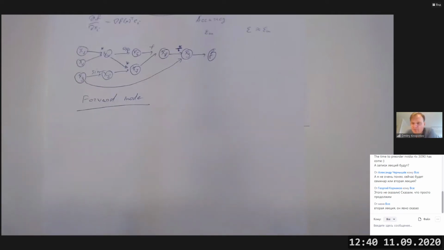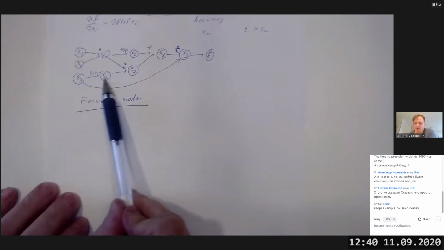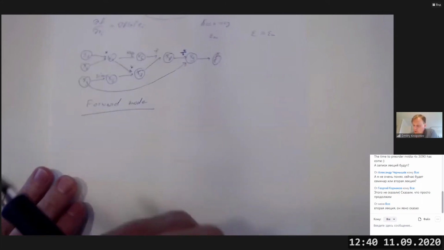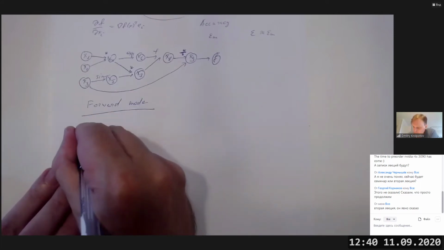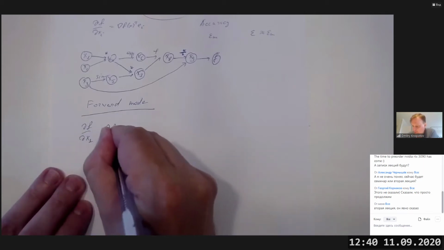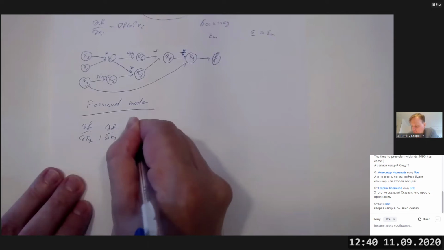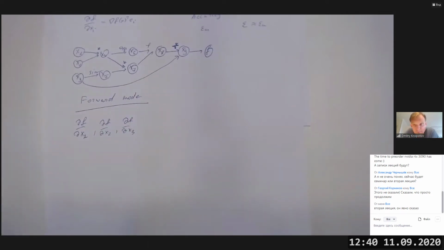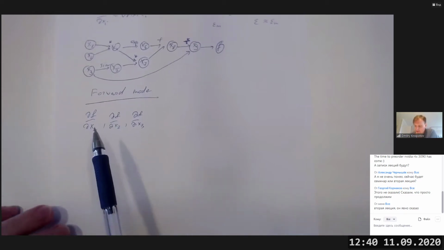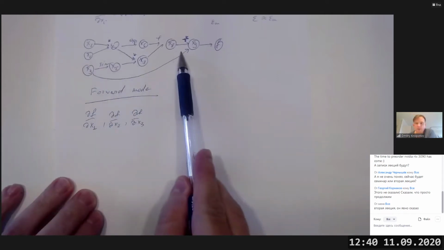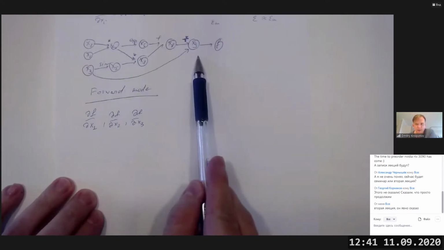As the name suggests, we go through our computational graph from left to right. Finally, we need the partial derivatives of our function with respect to the three inputs x1, x2, x3. Let's consider, for example, x1, going through the graph from left to right.